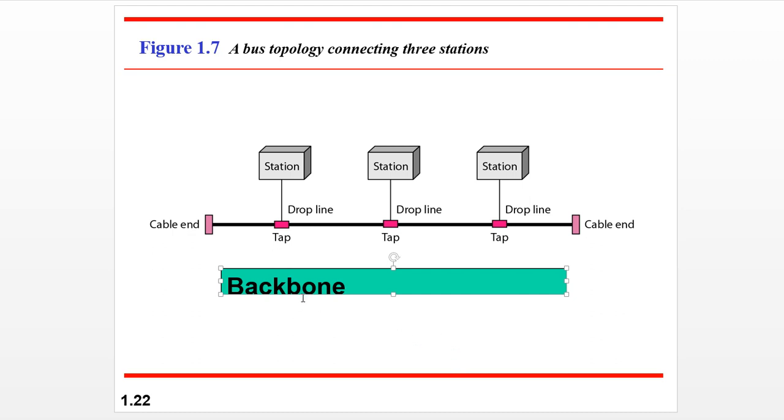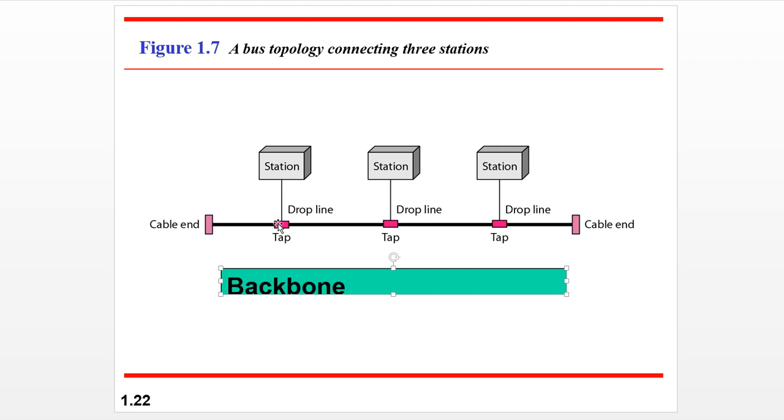From the backbone we take some lines to connect to the devices. The stations I have mentioned are devices like a computer or a laptop. Those lines taken from the backbone are called drop lines, and to connect a drop line we have to use a tap. A tap is the same way we connect to pipes in regular life.